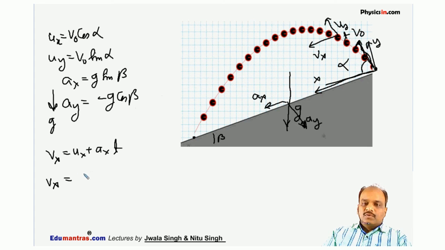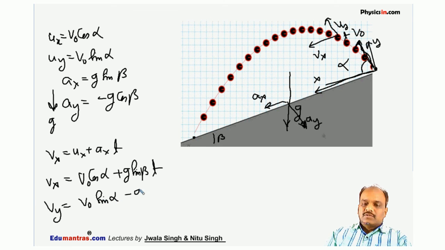So Vx is v0 cos alpha plus g sin beta into t, because the velocity along the x-axis and acceleration along the x-axis have the same direction. In the same way Vy is v0 sin alpha minus g cos beta into t.